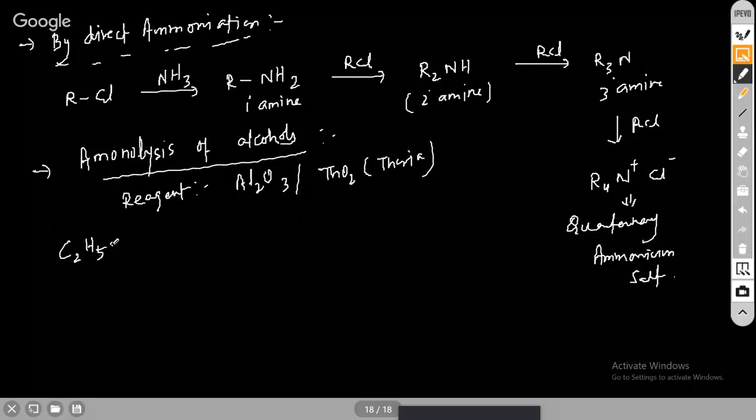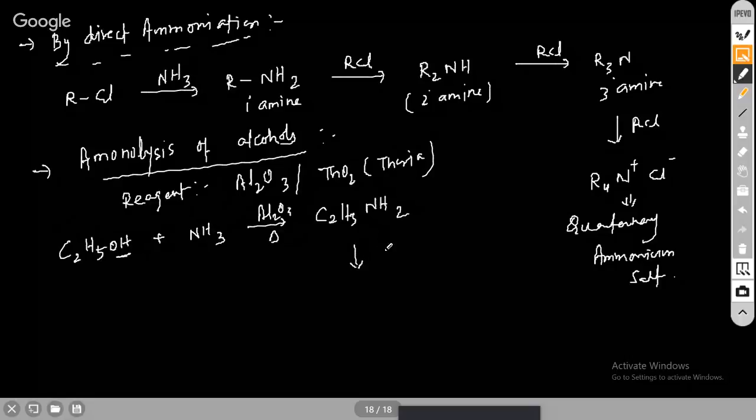The reaction is C2H5OH plus NH3 with Al2O3. This OH and H come out as H2O and you get C2H5NH2, 1 degree amine.